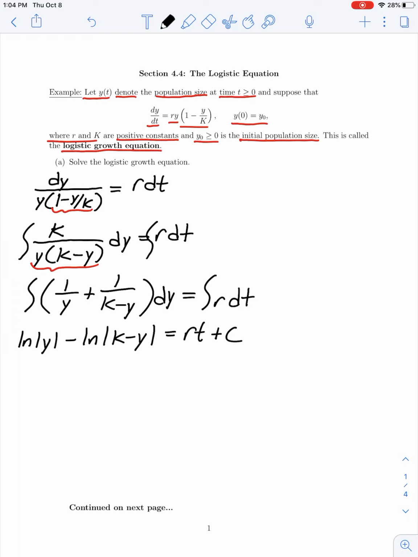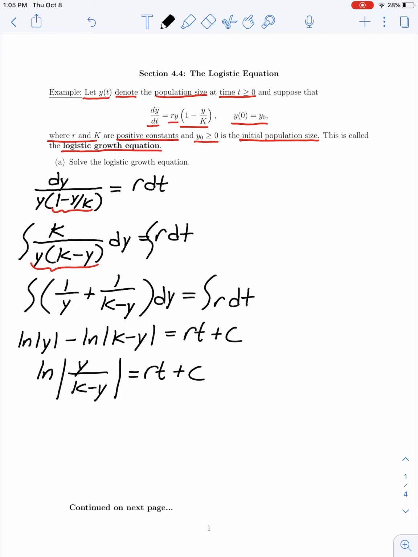And in order to solve for y, on the left-hand side of this equation, I'm going to combine the difference of these two logarithms as the natural log of the quotient y over k minus y. So recall from properties of logarithms that the difference of two logarithms with the same base is equivalent to the log of the quotient of those two values.